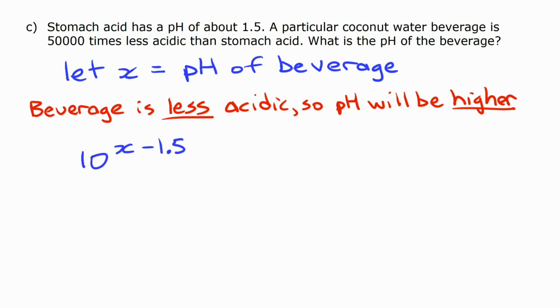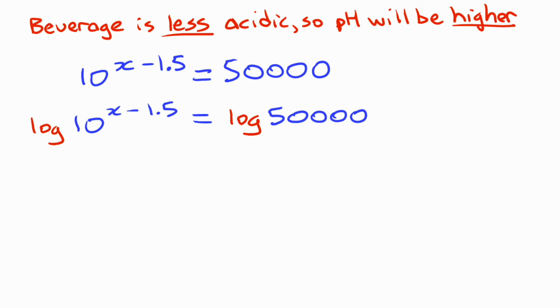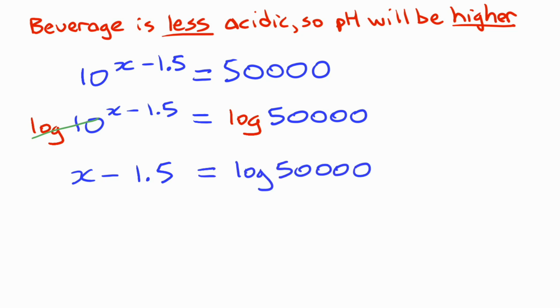The pH of the beverage is higher, so I'm going to put it here, right? It's bigger, which is equal to the ratio of 50,000. If we go about solving that, again, we can take the logarithm of both sides. After we do that, of course, this cancels out. And on the left, we just have x minus 1.5. And on the right, we have log of 50,000.